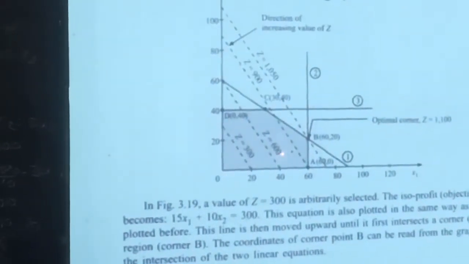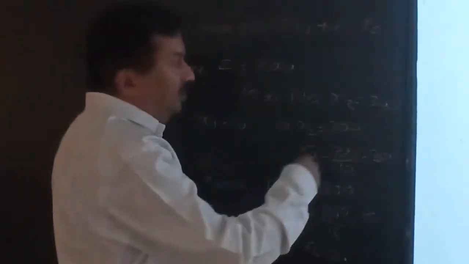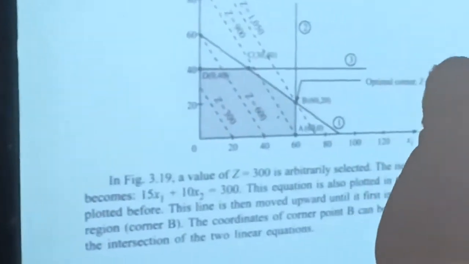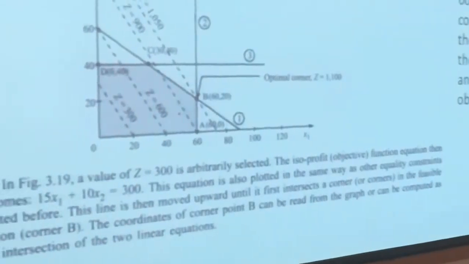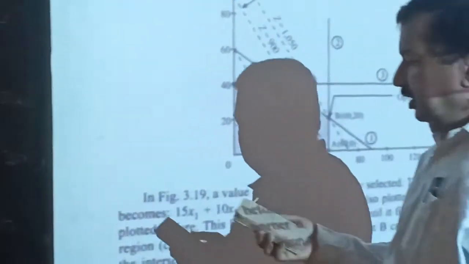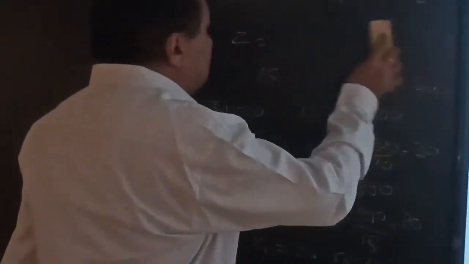We can go on drawing. Let us identify that the line we have got passing through is Z equal to 1050. So therefore, Z is 1050.